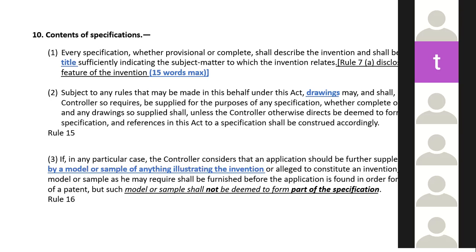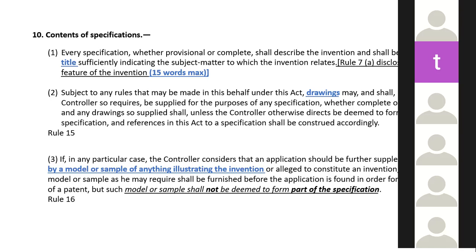Now the third, model and a sample. कई बार क्या होता है, कंट्रोलर डिमांड करते हैं कि उनको इन्वेंशन समझ में नहीं आया. So at the time of hearing, they demand a model or a sample of your invention.